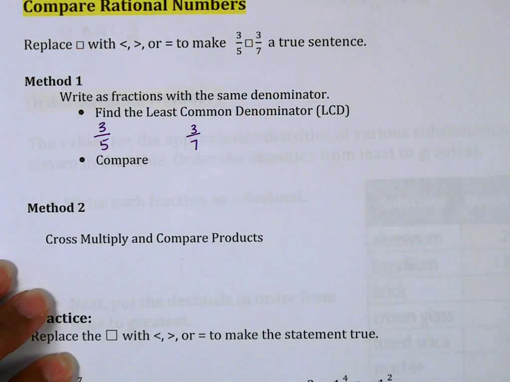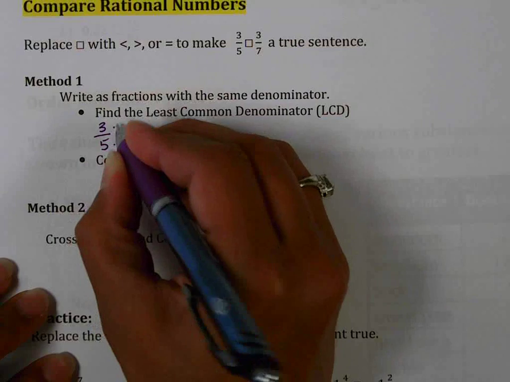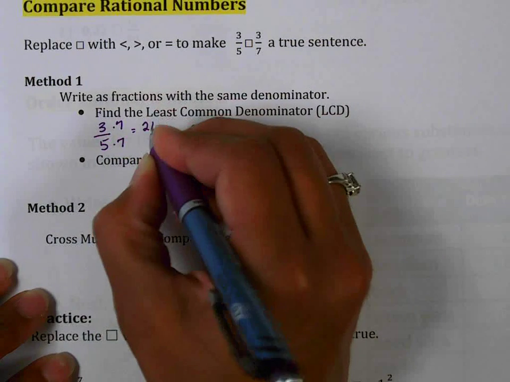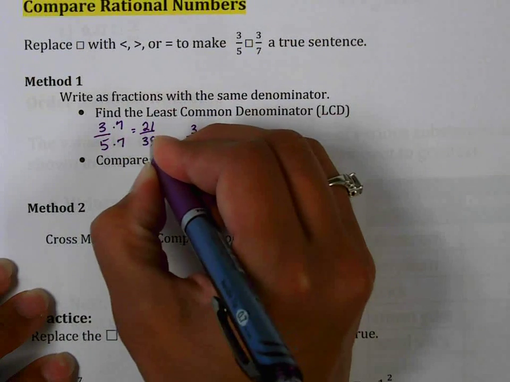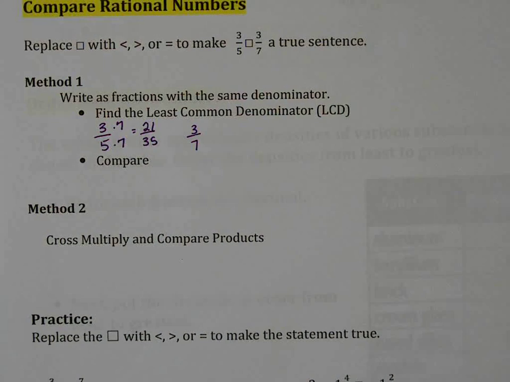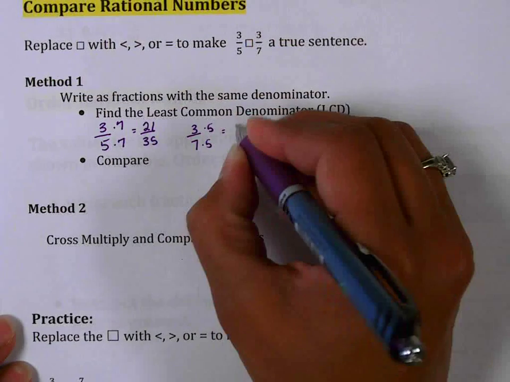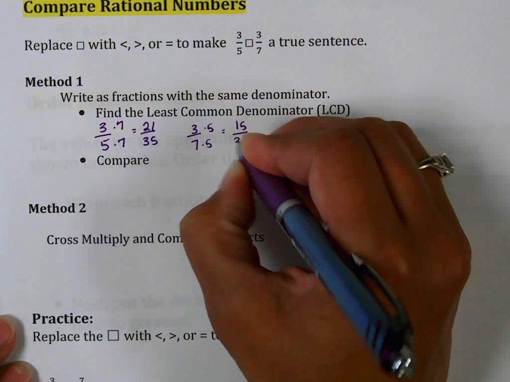For 5 and 7, the least common denominator would be 35. So I have to multiply both the numerator and the denominator by 7 to make sure that I have the same common denominator. And then I would multiply this by 5, and I get 15/35.